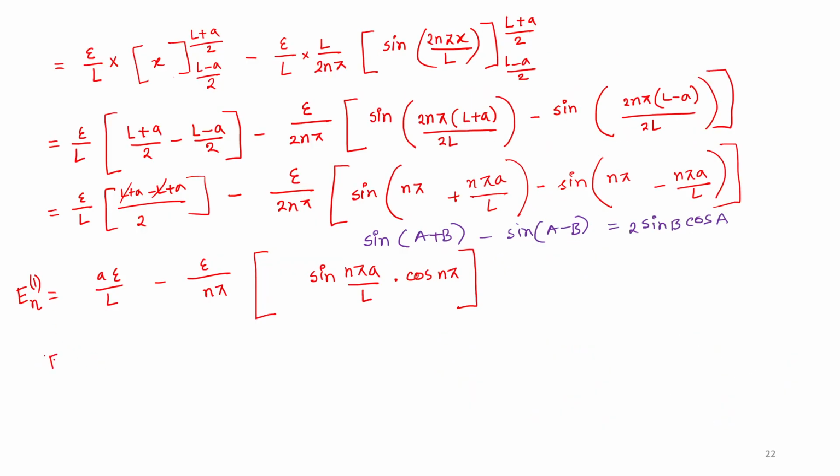So E10 will be A epsilon by L minus, n is 0 into pi, sine 0, right? Cos 0. So this is going to be 0. So it is A epsilon by L for the first part. Okay.